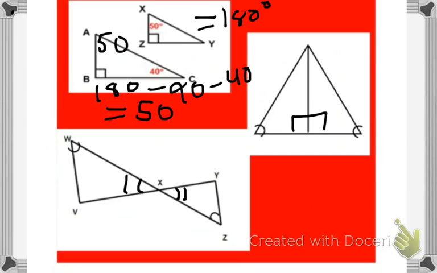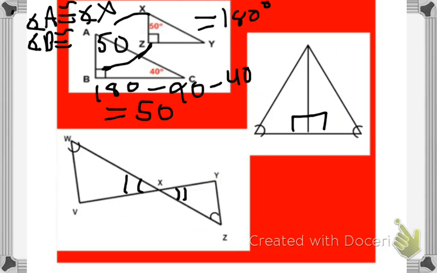So if you just take 180 minus 90, because that's a right angle, minus 40, it gives you 50 degrees. And notice that also matches right here, angle A and angle X, and angle B and angle Z, shows that they are congruent. So we have angle A is congruent to angle X, and we have angle B is congruent to angle Z. And so that proves the similarity under the angle postulate.